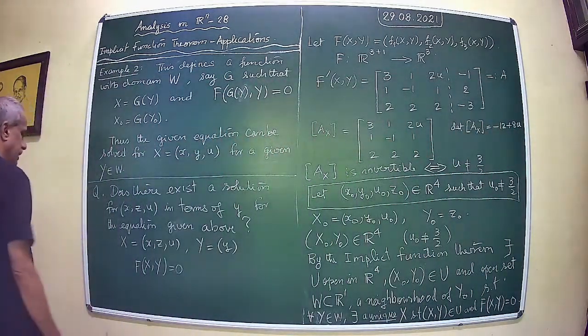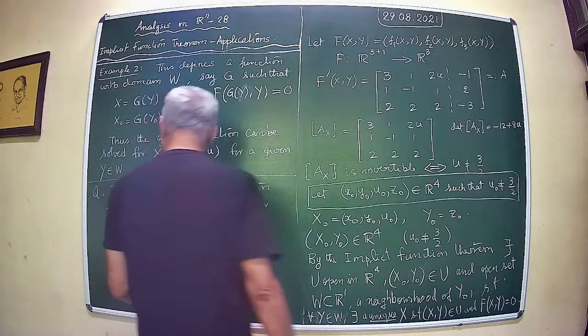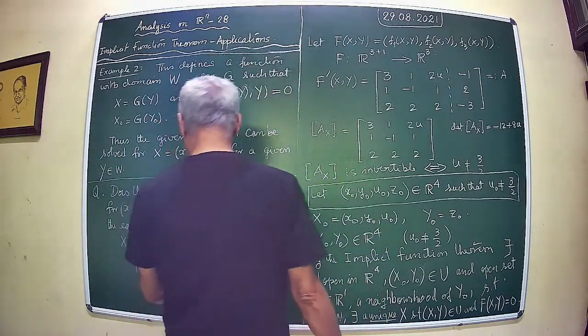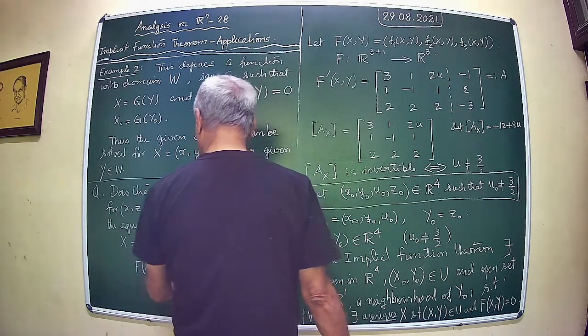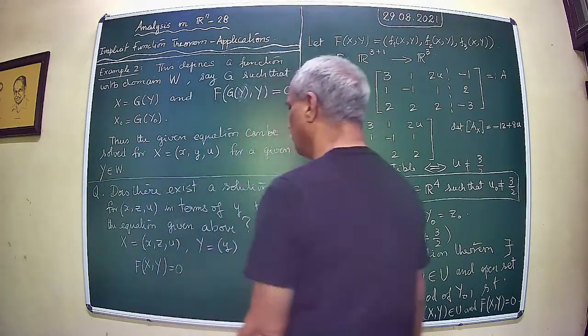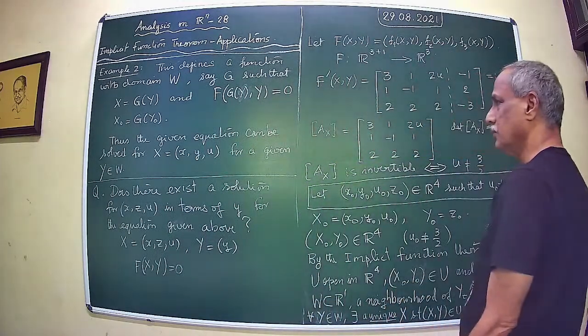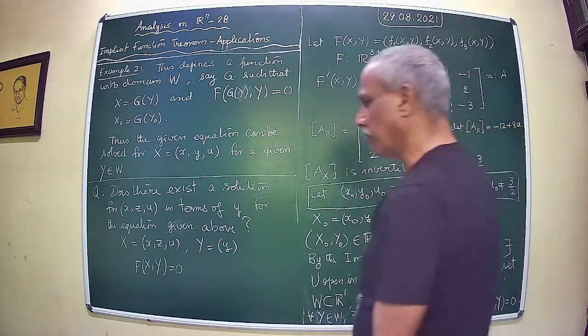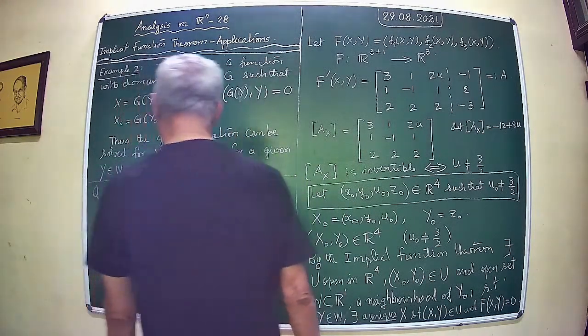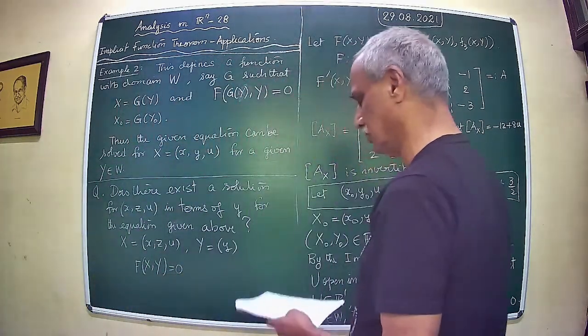In fact, you see that corresponding to every y there exists a uniquely determined x in some neighborhood of the point x naught, y naught, where of course you have the condition that the corresponding Ax is not equal to 0.